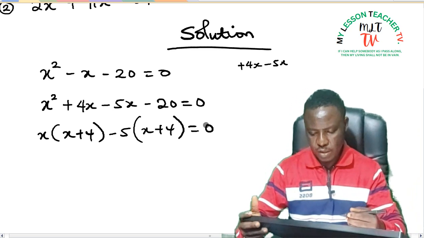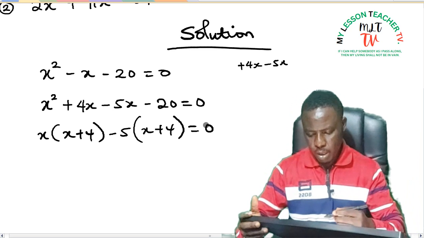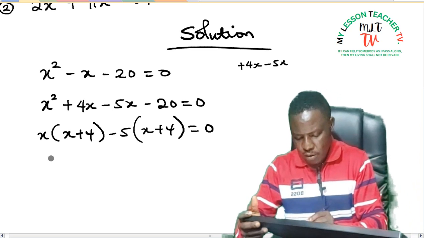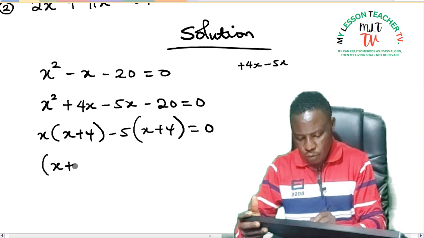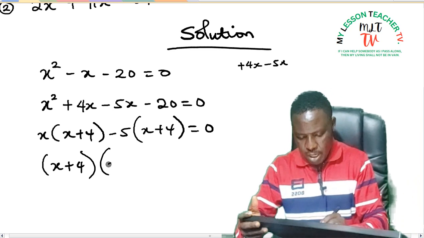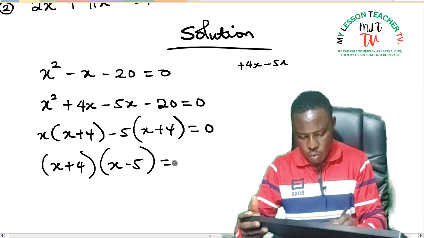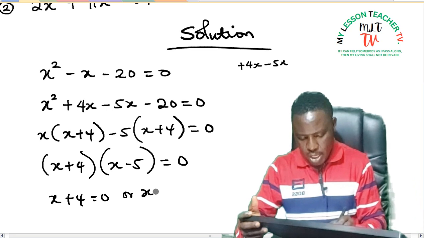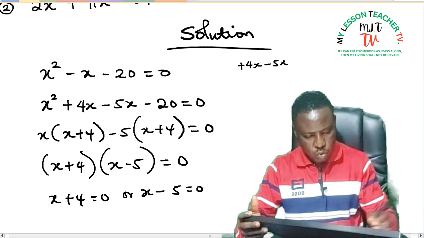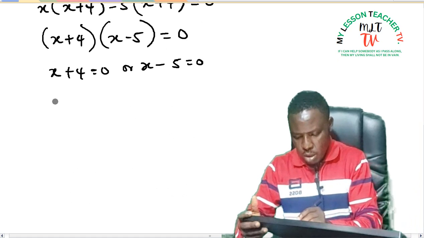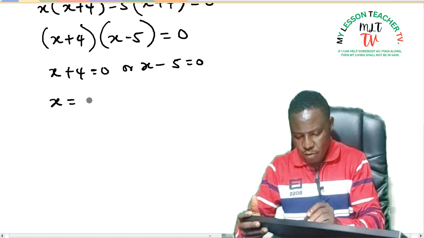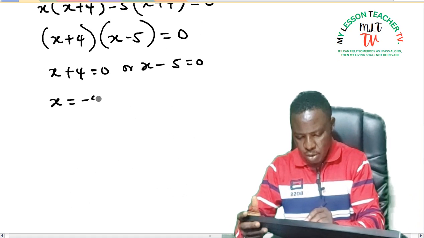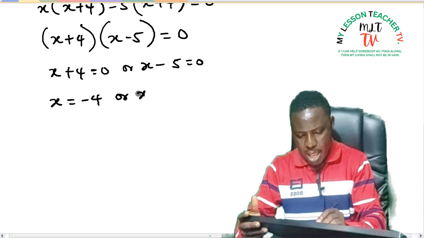Now we have been able to factorize it into a 2-term expression. Factorizing them again, you have x plus 4 to be common into bracket x minus 5 is equal to 0. So we have it that x plus 4 is equal to 0, or x minus 5 is equal to 0. If x plus 4 is equal to 0, it therefore means that x is equal to minus 4, or x is equal to plus 5.